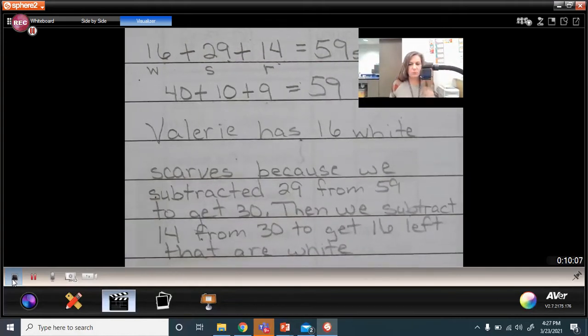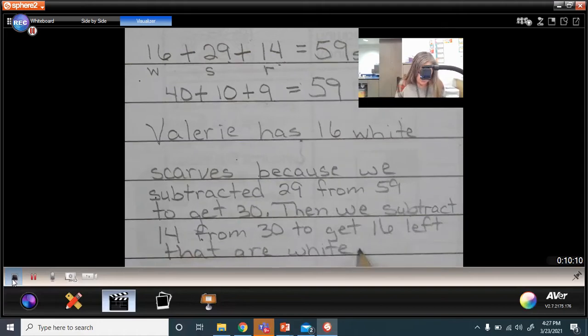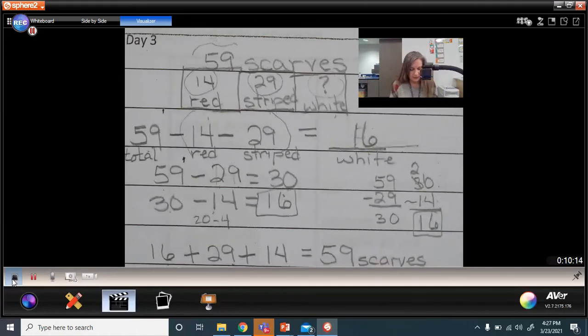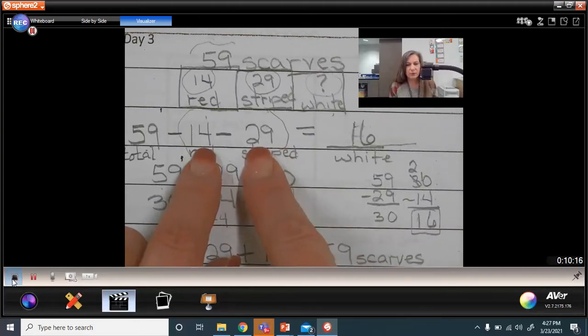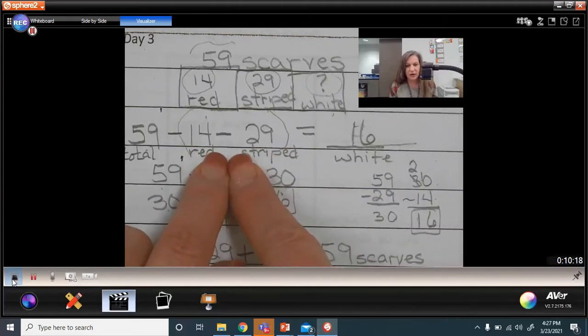Now, another way that you could think about it, and this is what I mentioned earlier, is take these two parts, put them together, then subtract. So what would that look like?